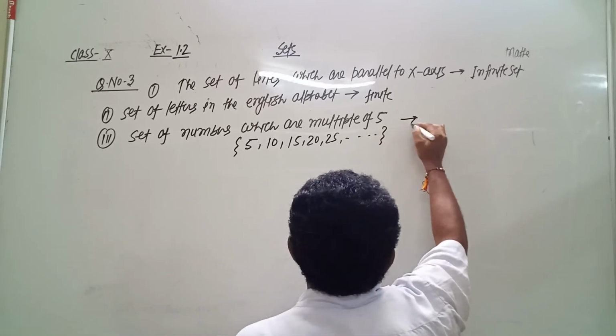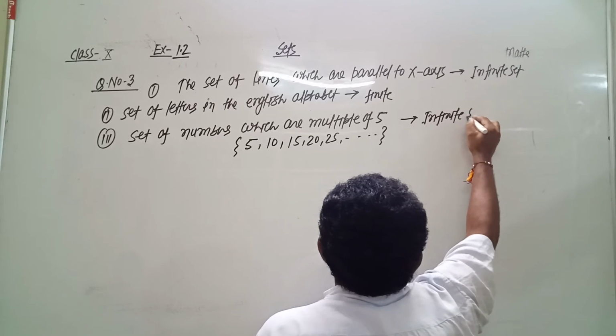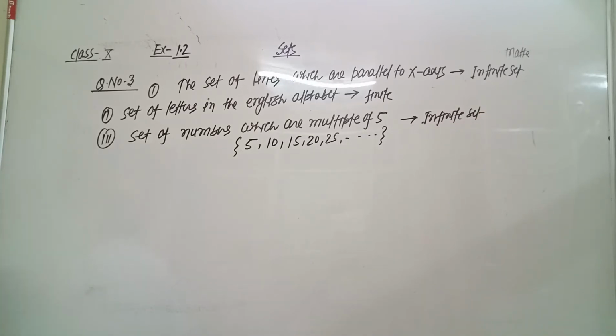So this is an infinite set. The set of numbers which are multiple of 5 is an infinite set.